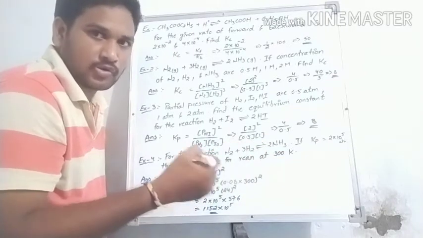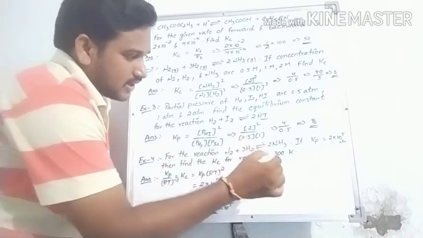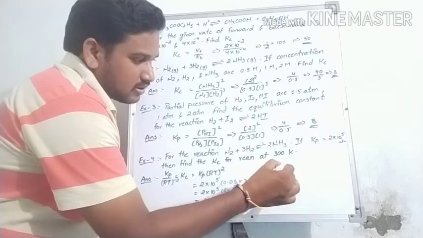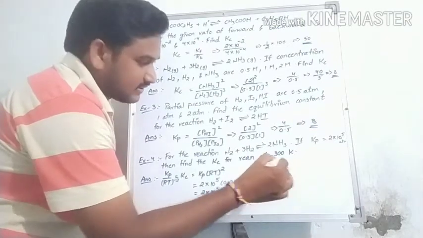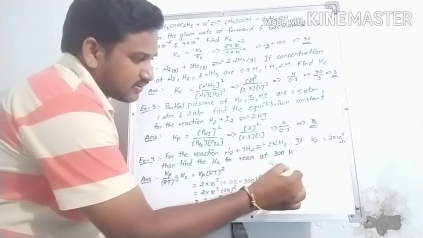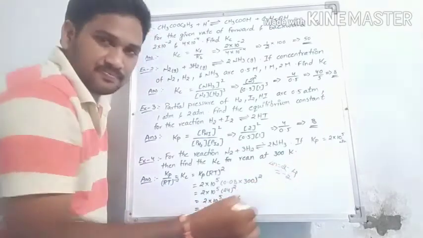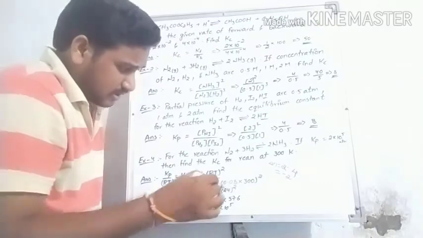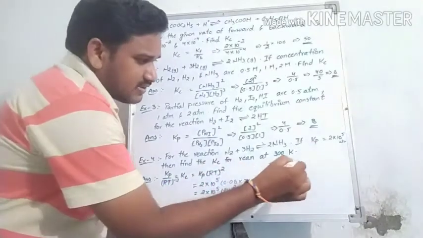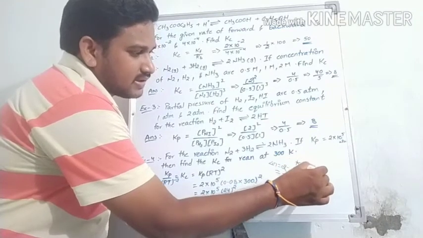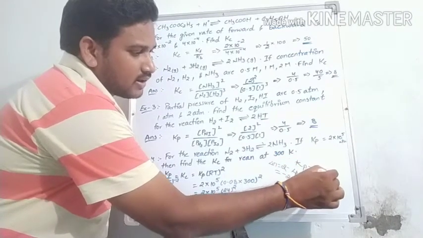Students, already you know that, where delta N is equal to 2 minus 3 plus 1, that is 4, where 2 minus 4 is minus 2, where you know that Kp is equal to Kc RT whole power delta N.